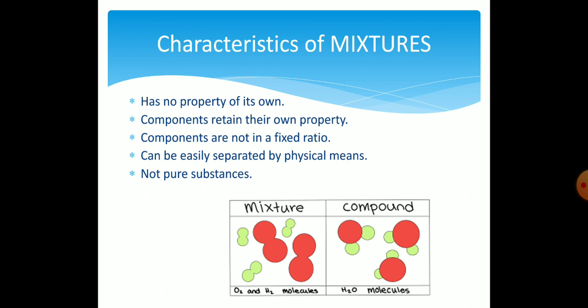Cucumber, carrot, cabbage, lettuce, and then you can use violet cabbage for colorful effect, then spring onions, all this can be used for vegetable salad. You can form a salad only after putting all together in a bowl and mixing it together. That is an example for a mixture.